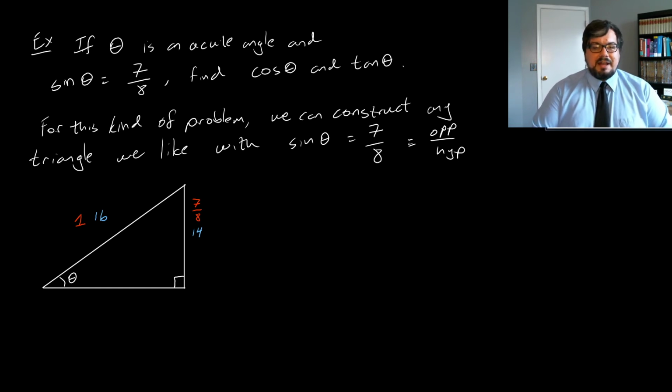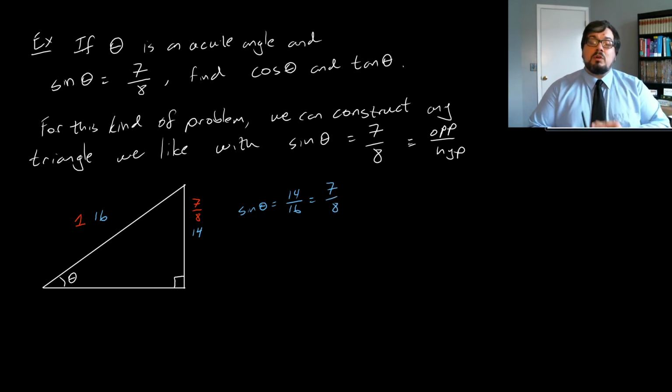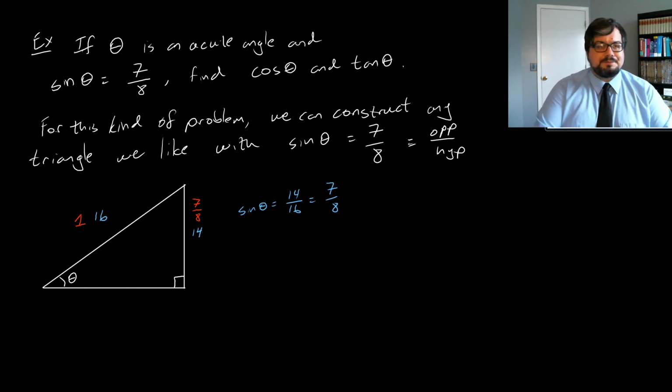Now sine of theta would equal 14 over 16, which is 7/8. And so this triangle will work also. This triangle will also work to determine what cosine of theta and tangent of theta are.